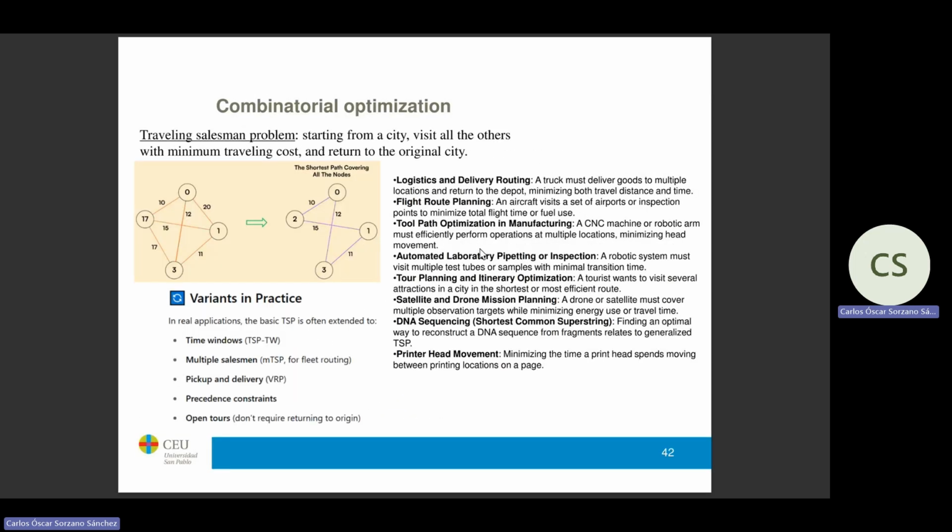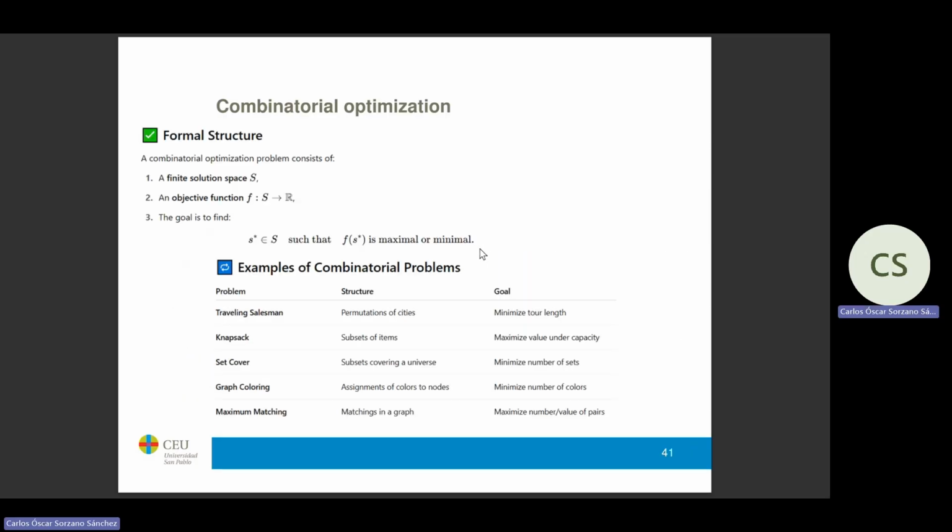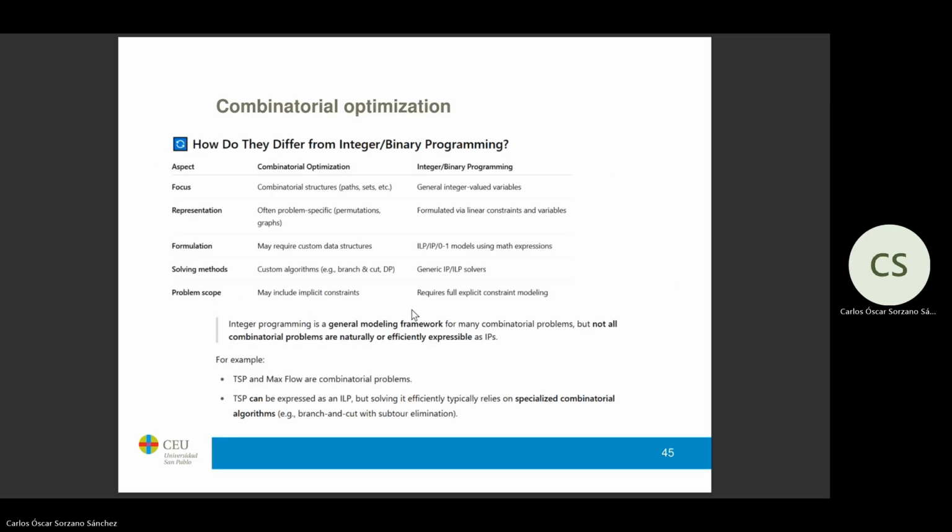But if you formulate it like we did here, for example, as a permutation, that constraint that you enter a city once and you exit once, somehow it is implicit in the construction of your vector. So, integer programming is a general modeling for many combinatorial problems, but not all combinatorial problems are naturally or efficiently expressed as an integer programming problem.